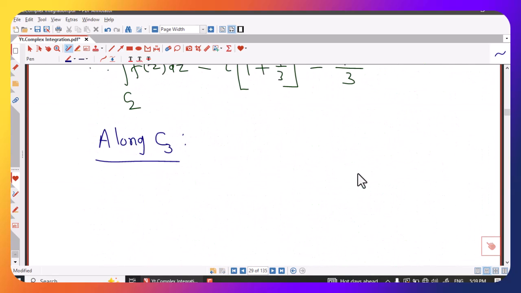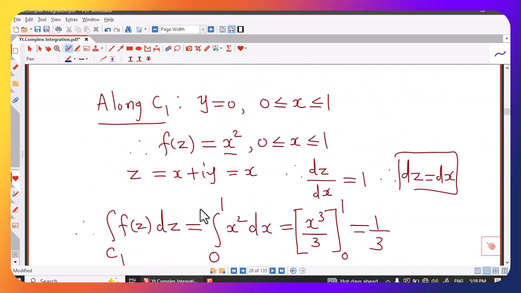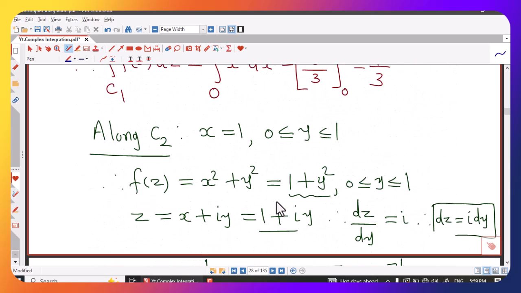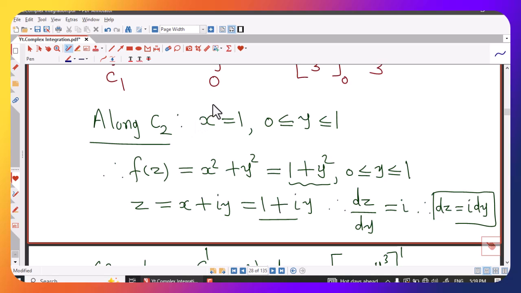So here we put y equal to 1 and x is from 1 to x equal to 0, and f of z, here C3 is y equal to 1, and what was C2? C2 was x equal to 1. So here along C2 we have x equal to 1, x becomes constant, therefore we have a function of y.